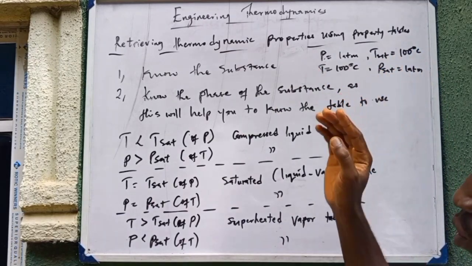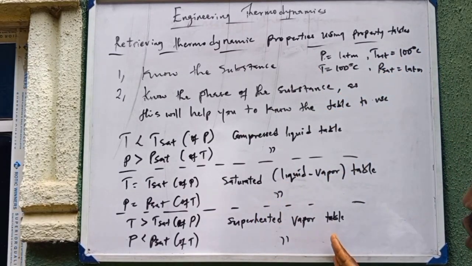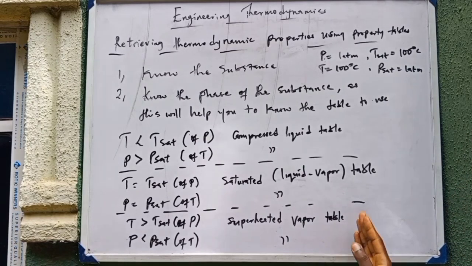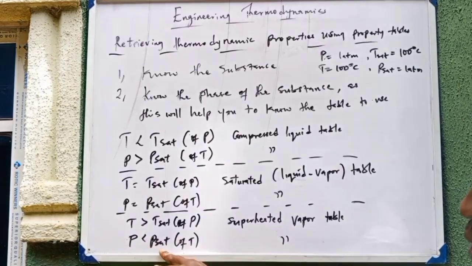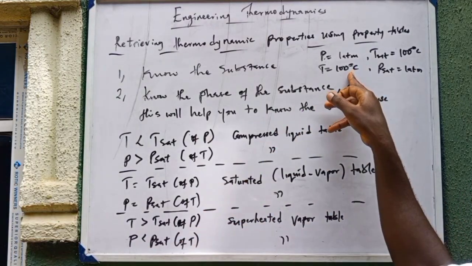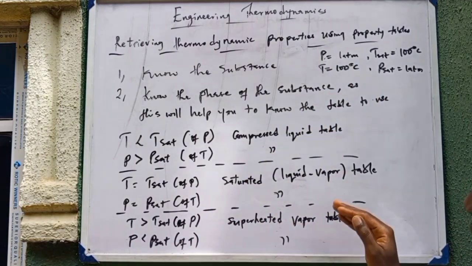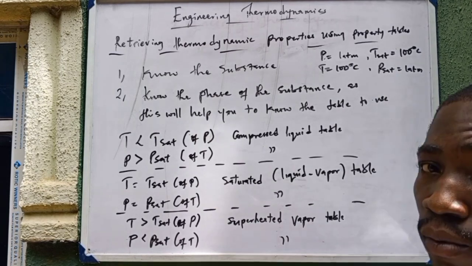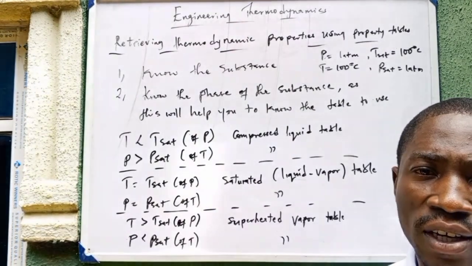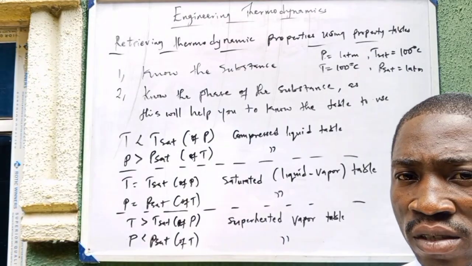If it is greater, we leave this part and we move to the superheated vapor table. Our values will be there. The same thing applies to the pressure. If the pressure is less than P sat for this 100 degrees Celsius, then we leave here and we come to here. Our values must be on this table. So that's how to know the table where you can get the values for properties.